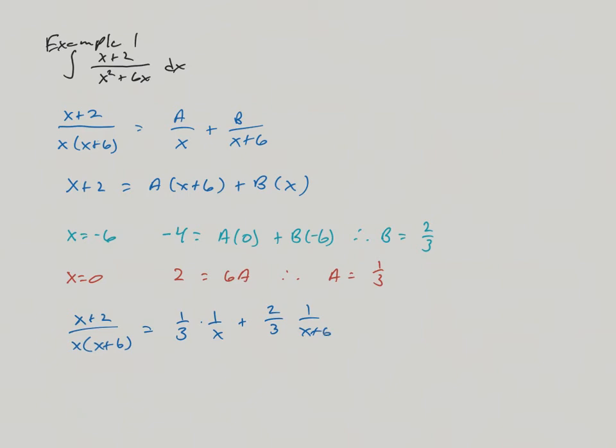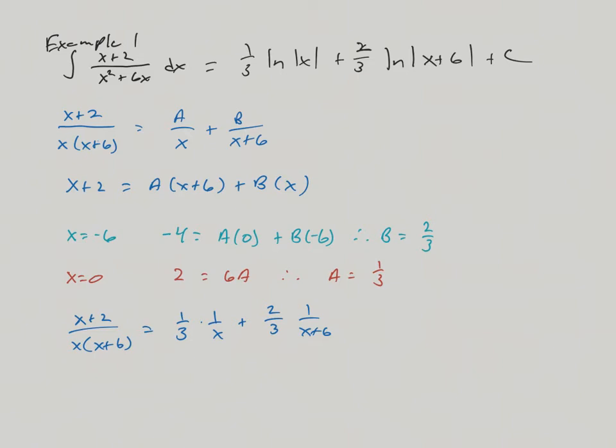Now when I take the integral, it will come out to be 1/3 times the natural log of the absolute value of x plus 2/3 times the natural log of the absolute value of x + 6, plus C. At this point you can use the log properties to combine into one, or you could leave it like this.